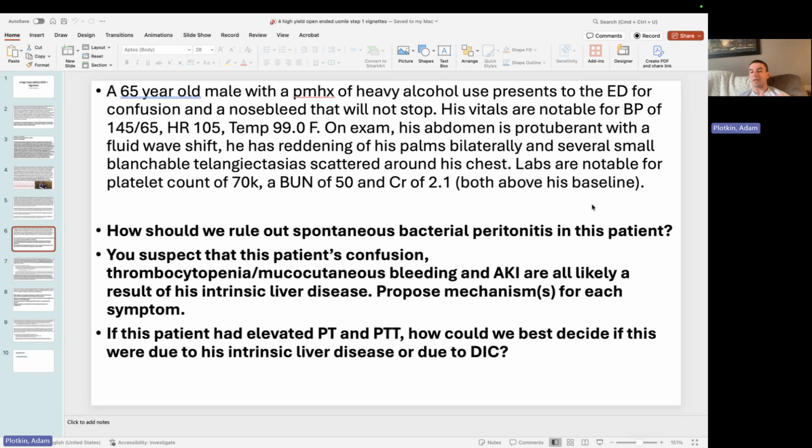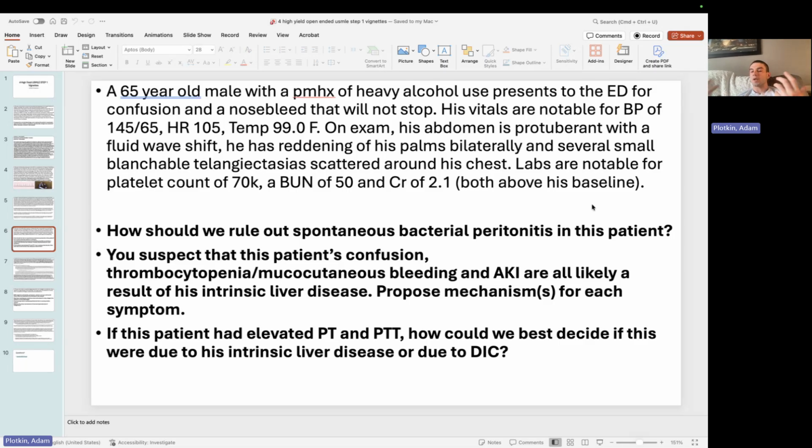And then we see some of the cutaneous signs and symptoms of cirrhosis itself, such as reddening of the palms, right, secondary to hyperestrogenism. Telangiectasias, also secondary to hyperestrogenism. Maybe we would see gynecomastia. We could see ascites, secondary to portal hypertension, right? Maybe the patient, if we did a testicular exam, would have small testes potentially, right?